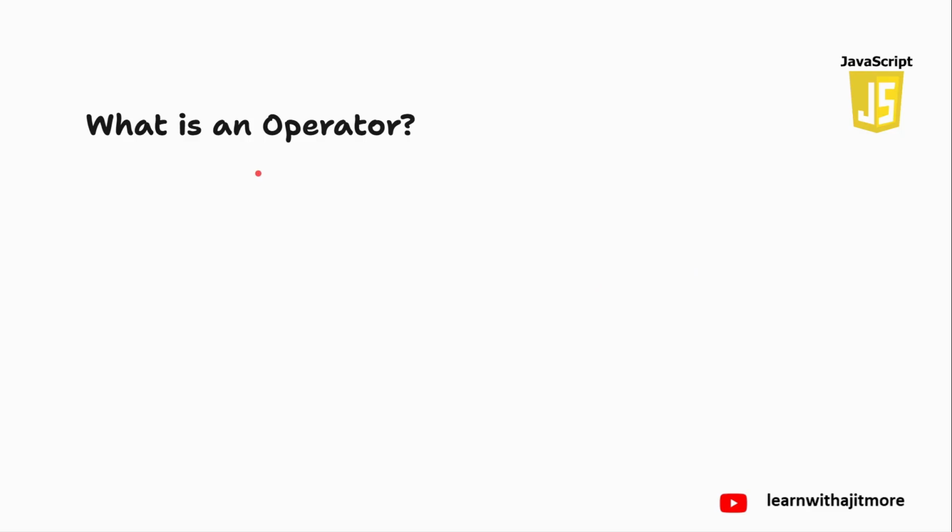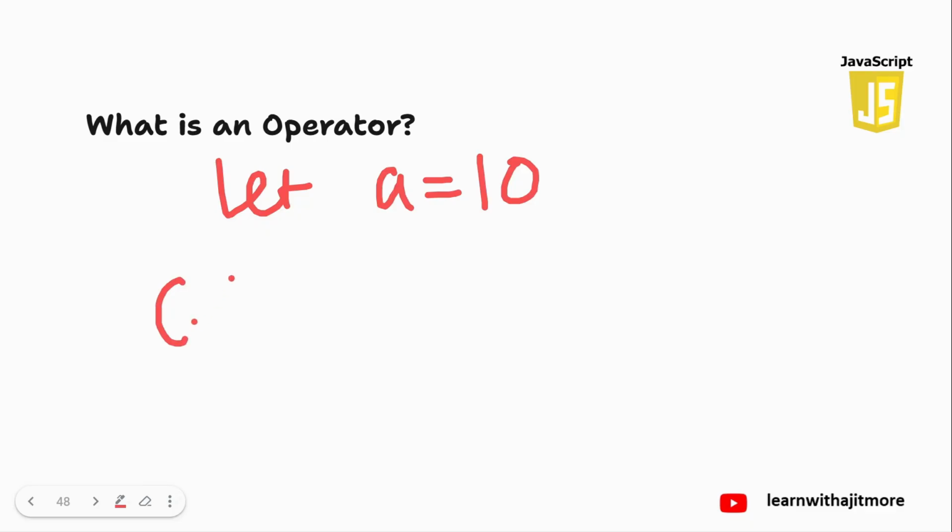Whenever any operation is taking place, the operands are fully evaluated, and only then the operation takes place. Like if you have created one variable, let a equal to 10, and then in console.log you write a plus, and in the bracket a equal to 3.